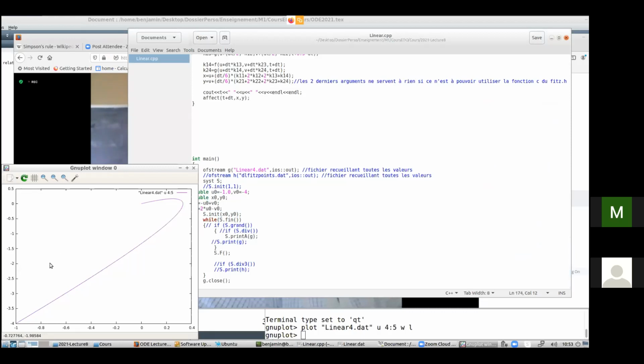So now I recover the trajectory of my original problem, but I didn't compute it directly. I computed the solution with the diagonal system, and I recovered it by using the equation x equals py.